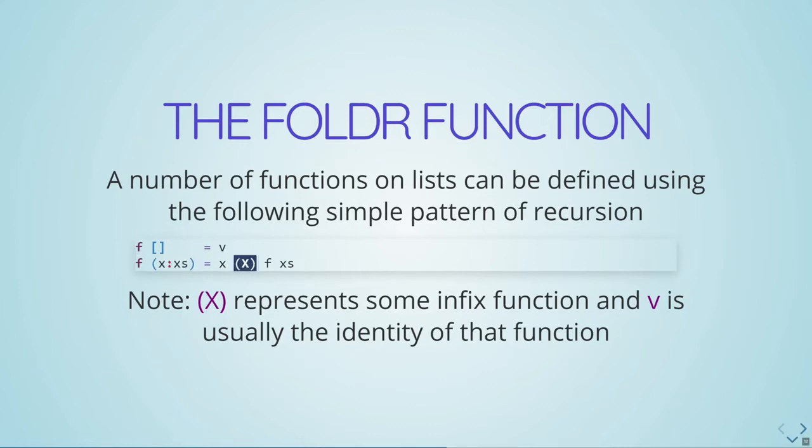So this x here, I'm just using this as a stand-in for some sort of binary operator, like maybe plus or multiplication or plus plus to put another list together or something like that. And you're going to combine it with the recursion of the rest of the list, okay, calling the function again on the rest of the list.